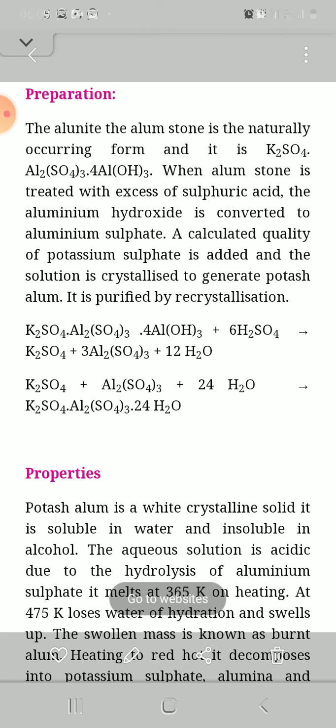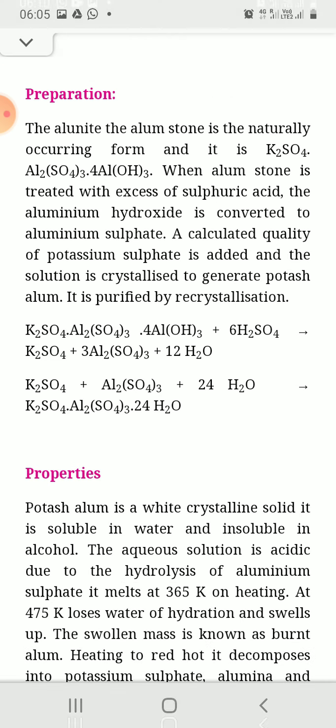So a calculated quantity of potassium sulfate is added and the solution is crystallized to generate potash alum. So it is purified by recrystallization. So crystallization means formation of crystals of salt, you know that.